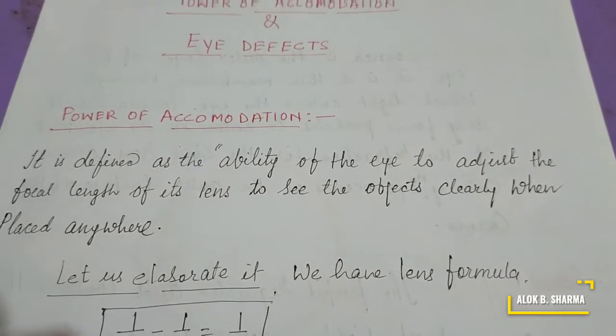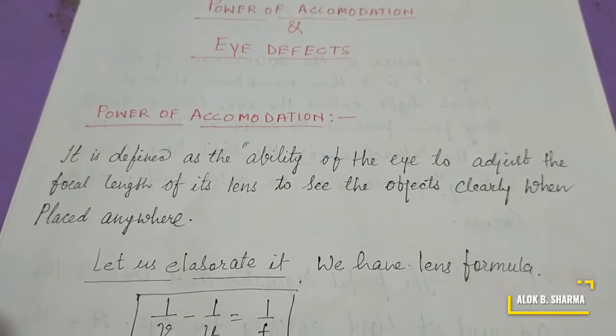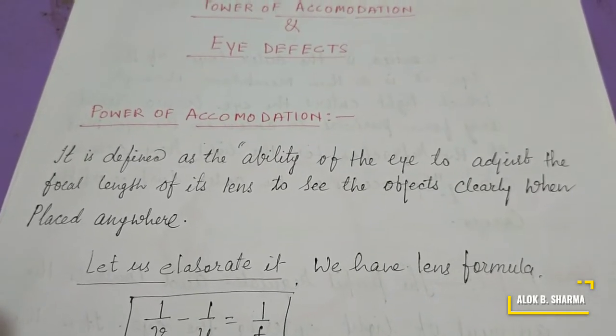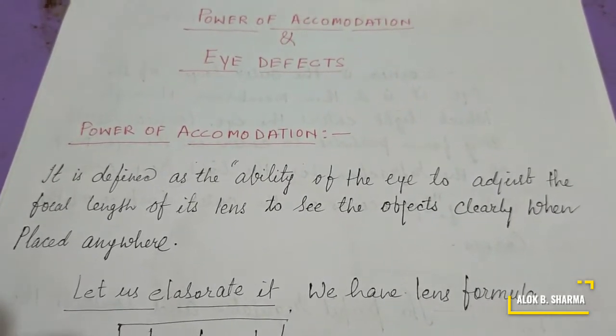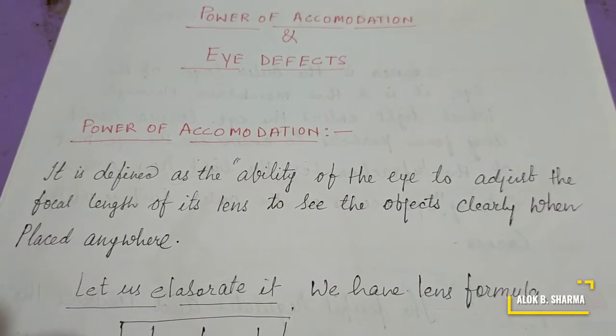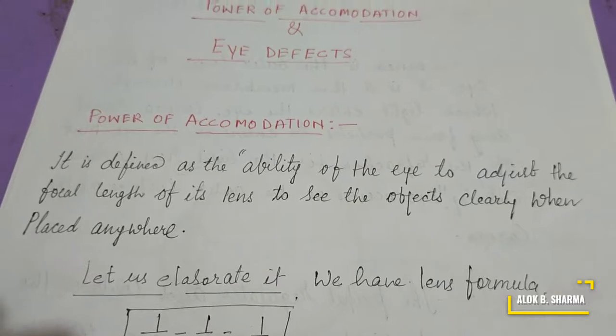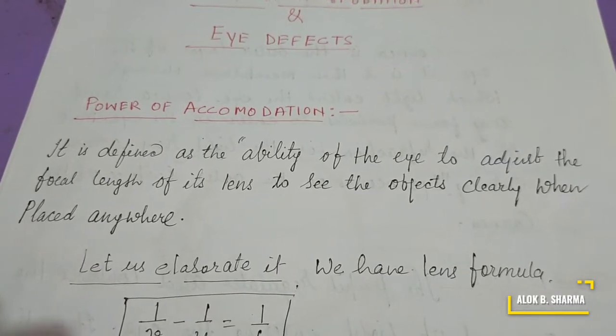that when objects are placed at different places in front of a convex lens, the image is formed at different places. Means when we keep the object at different distances in front of a convex lens, the image is formed at different places.